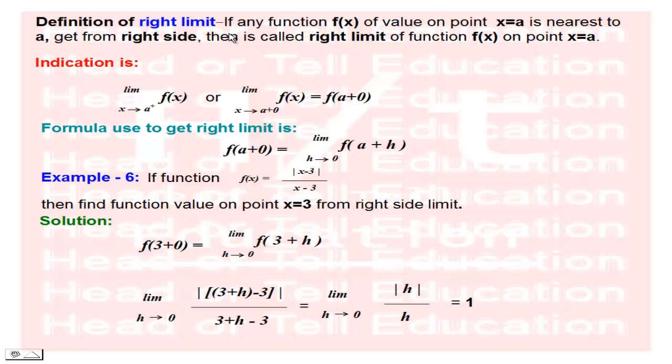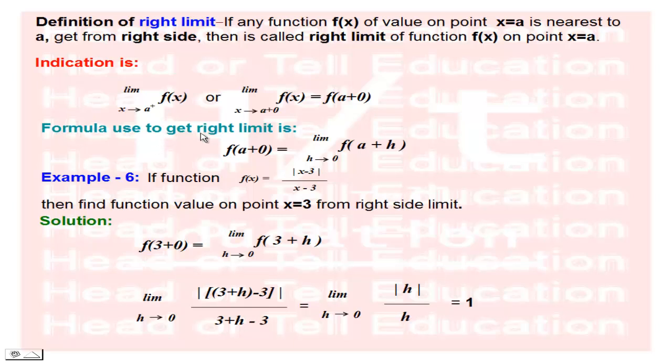The notation is limit x tends to a plus, with the plus as a power on a. This is the indication of the right side. We can also write limit x tends to a plus 0 of f(x) equals f(a plus 0).